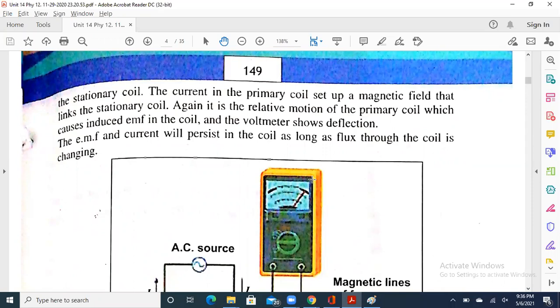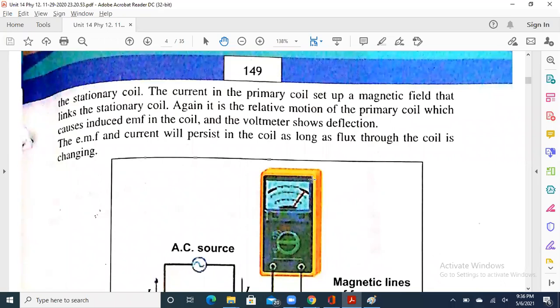And today, we'll be trying to understand the different types of induced EMF as well as the mathematical calculations about the motional EMF.